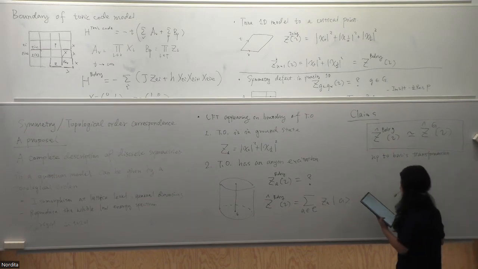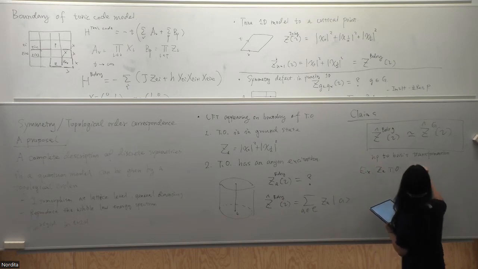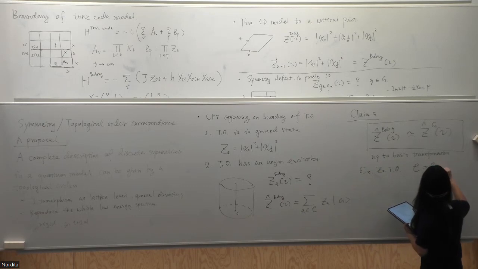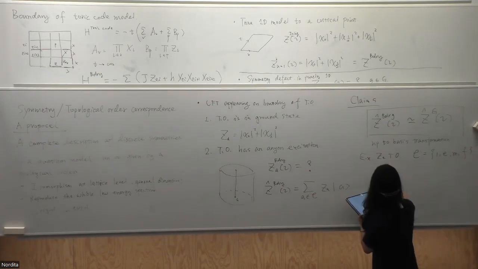So let me close with my example of the topological order. The category has 4 anyons, and this boundary vector partition function has components like this.